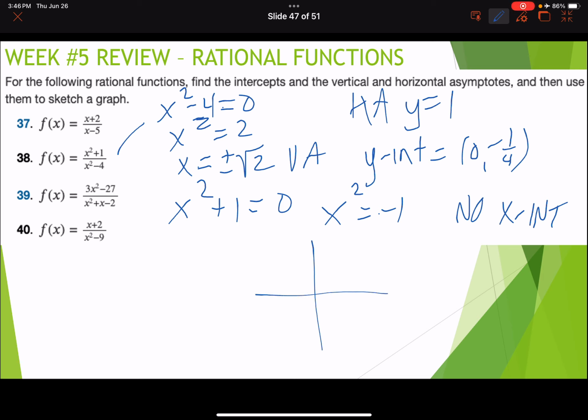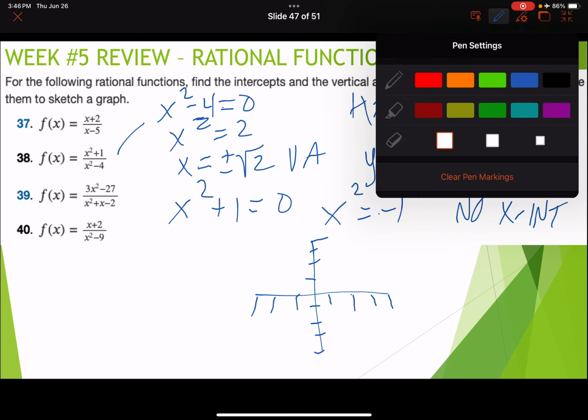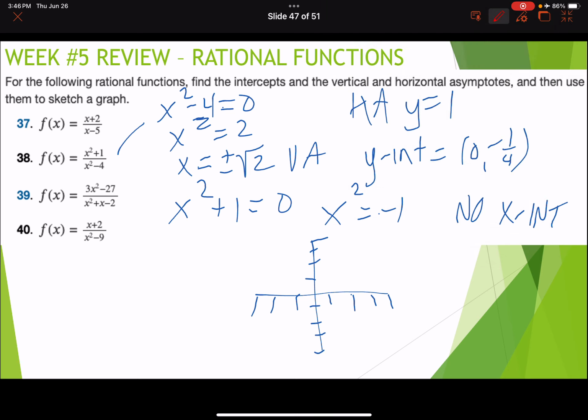Knowing that we have 1, 2, 3, 4 like this, and if we change, we want to go 1, 2, 3, 4, 4. So if we graph this, we would have a vertical asymptote right there, a vertical asymptote right there, a horizontal asymptote at y equals 1 right there, right?